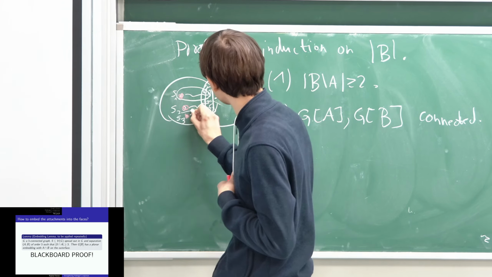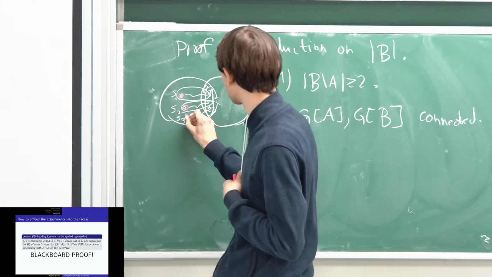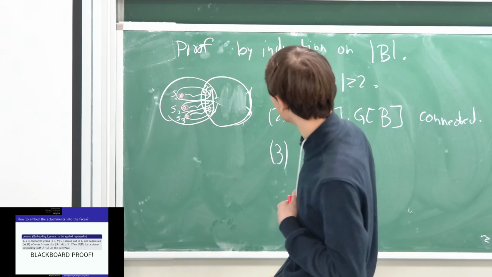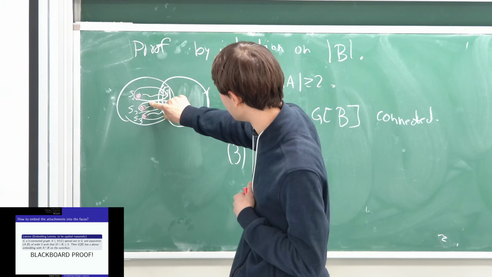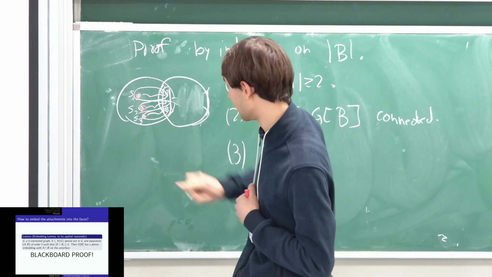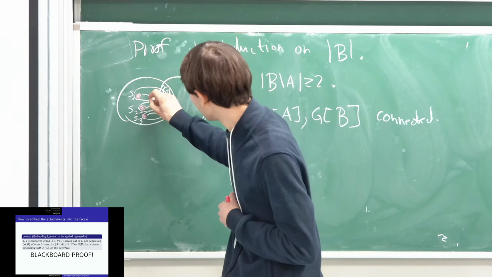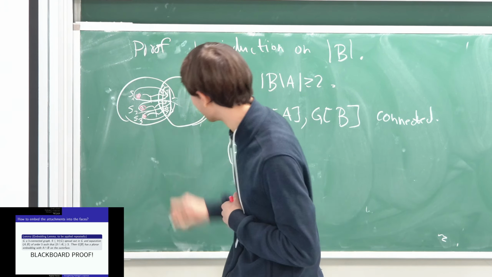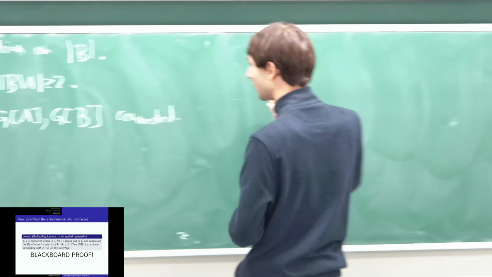You can extend these paths to connected sets of vertices, such that you will have an edge between this set of vertices and this set of vertices, and this set and this set. Maybe not between the top and the bottom, but between like this and like this. Actually, why not? Let me make the argument. It's simple.